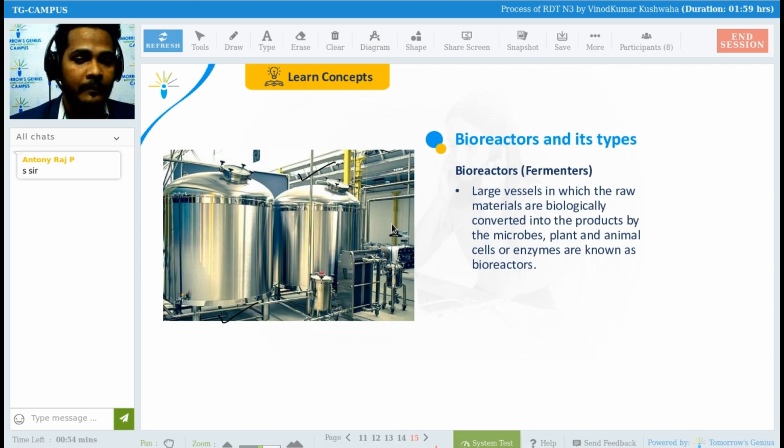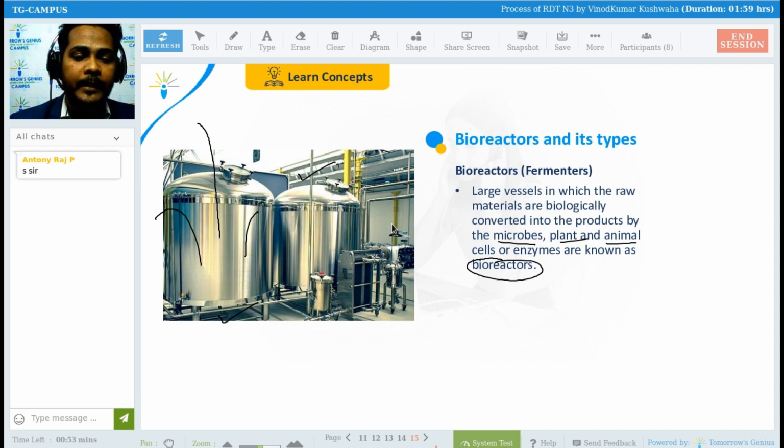It is nothing but a large vessel in which raw materials are biologically converted into product by microbes. It means you put all the raw material inside these vessels, and then you put your desired bacteria, or any fungi or any virus, into it. Now these bacteria are going to digest that raw material, and they will produce your desired product. That product can be microbes, plant or animal cells, or enzymes. That is called the bioreactor.